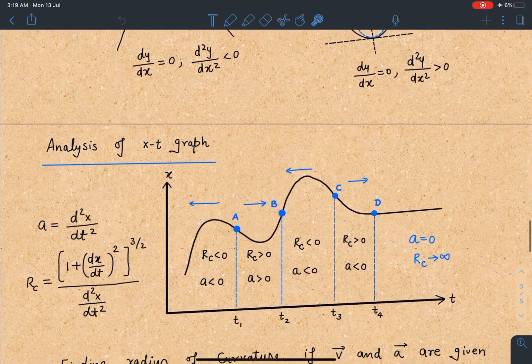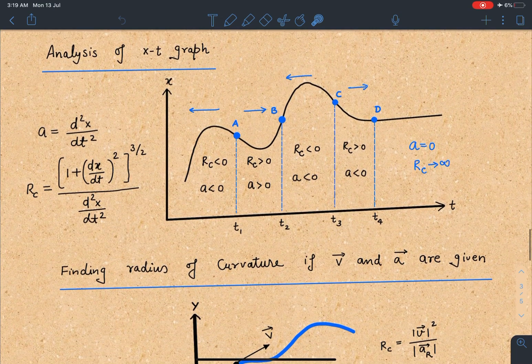Similarly, I can use this radius of curvature concept in analyzing a displacement time graph as well, because I am writing the acceleration as d2x by dt square, which is the double derivative of x.